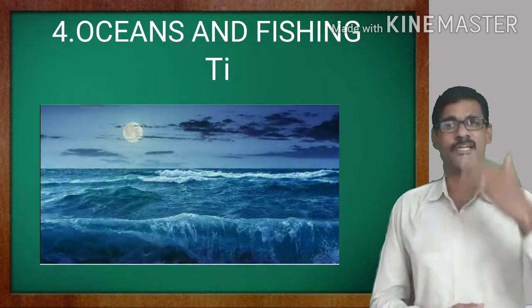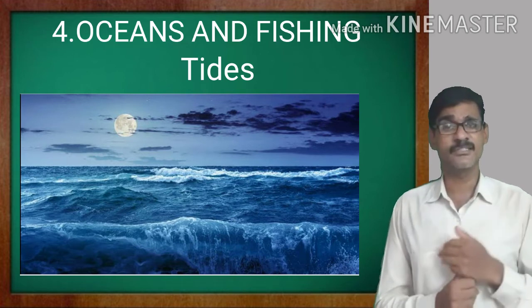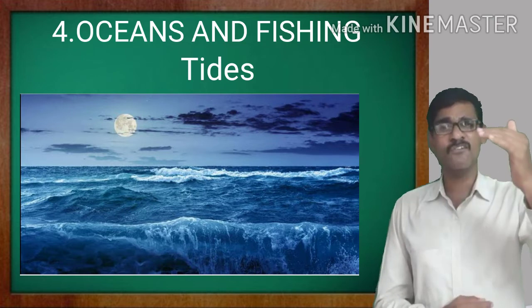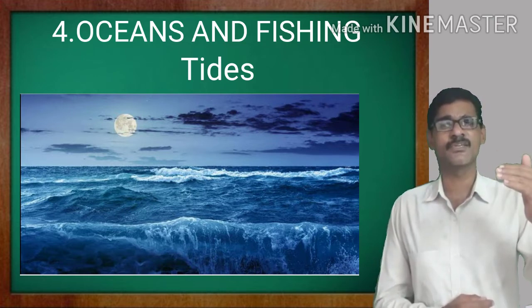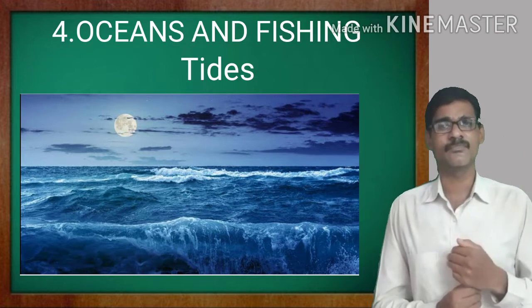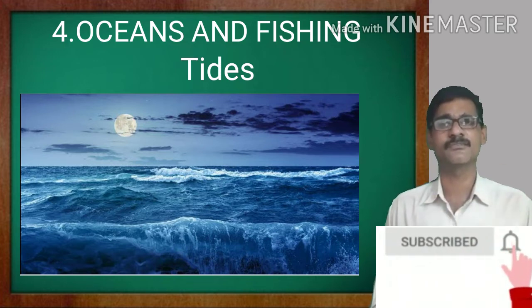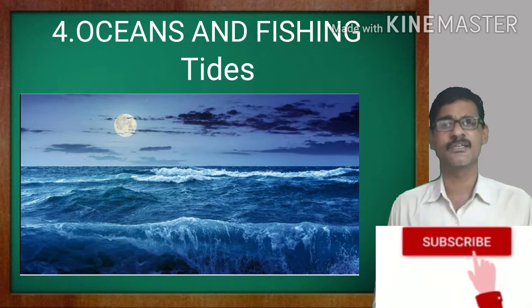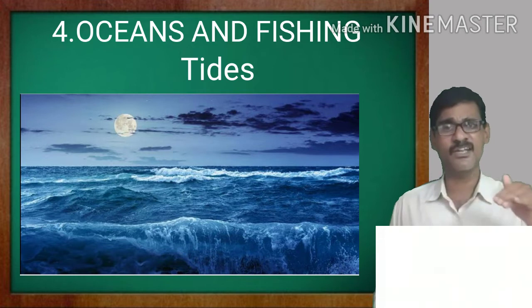Next we go to the tides. What are the tides? The rise and fall of the water level of oceans is called tide. Every day there is a rise and fall of the water level of oceans. Of course, the rise and fall is not the same every day.